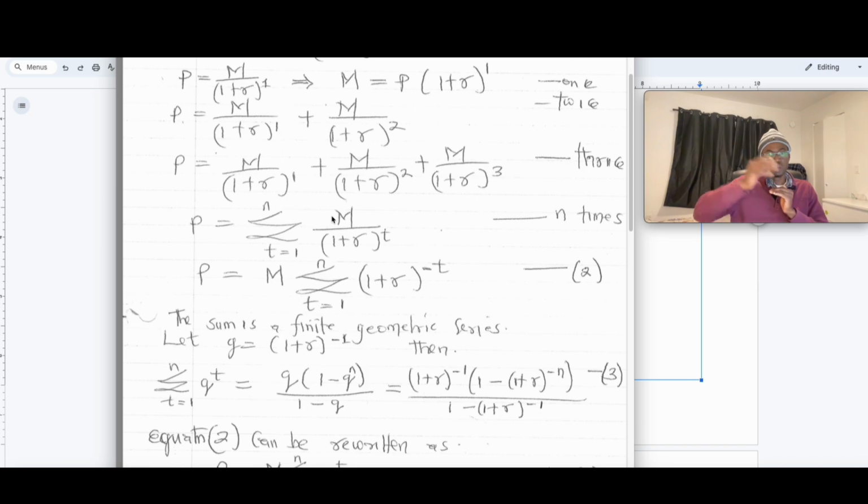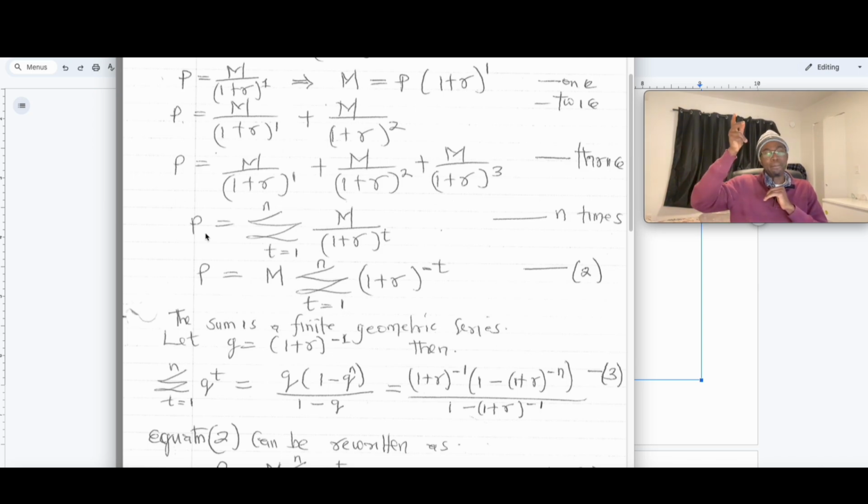So we want to sum up those amortized values over n periods of time. You can see that the sum here ranges from t equals 1, in this case the first month, up to the nth month. So for a period of 30 years, that would be 30 times 12, which will be 360 months. That is, you want to amortize each month over a period of 360 times to repay back the principal P.